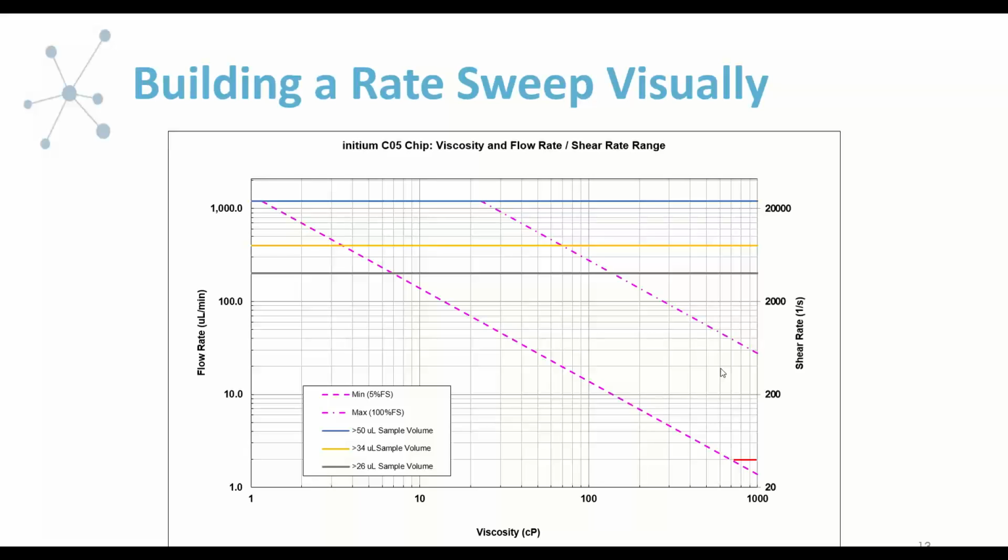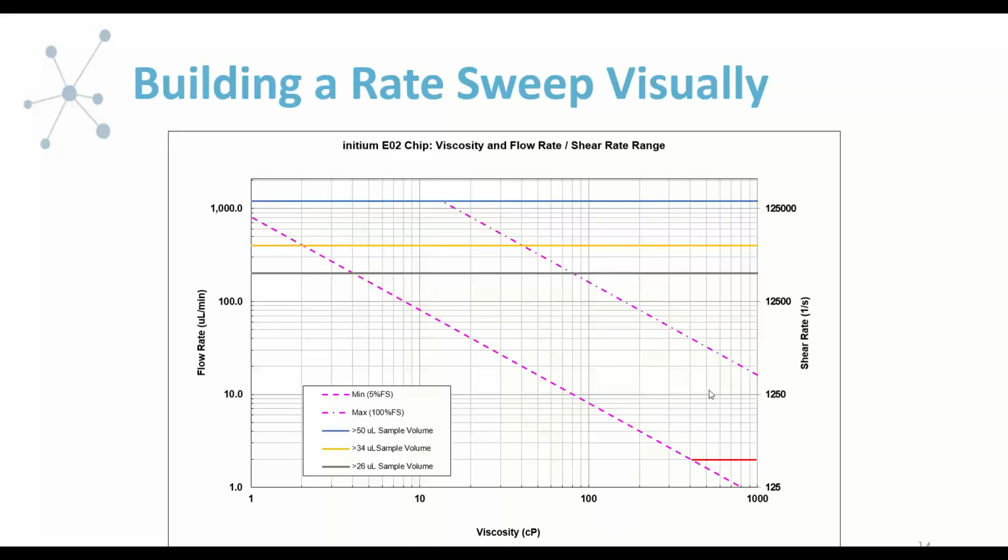And then this holds true for the C05, and you can see how these diagonal lines have shifted over to the right. So you can't explore as much with the low viscosity fluids as you can with the high viscosity fluids.